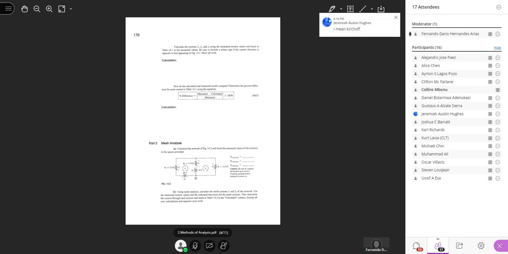Austin, what do you mean? There is no formula for Kirchhoff's law. Kirchhoff's law is just a statement, which we just explained right now, right? The sum of all voltage rises around a loop is equal to the sum of all voltage drops.